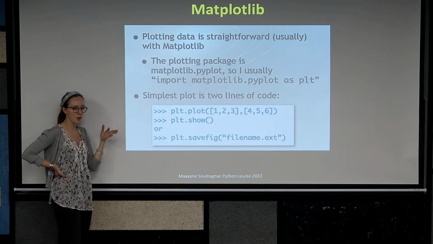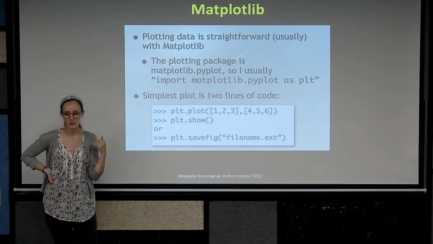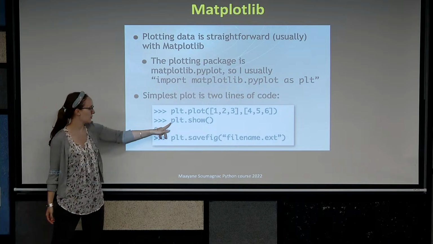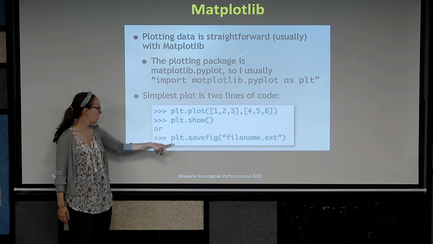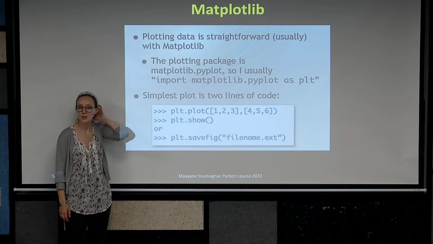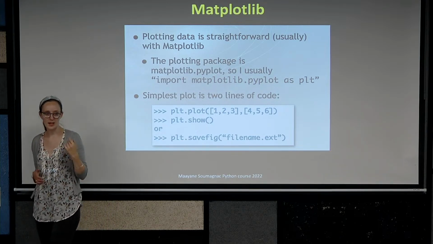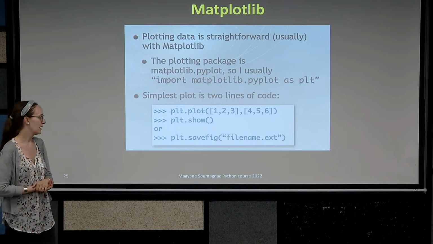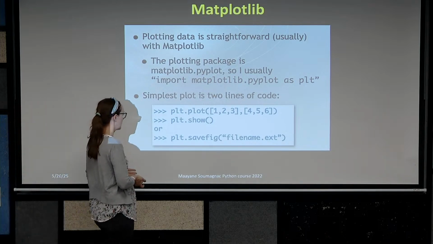And then you have two options. Either you want to show the plot, you want to see it, in which case you add this line, or you want to save the plot, the figure, and you can save it as a PDF, a JPEG, or PNG.